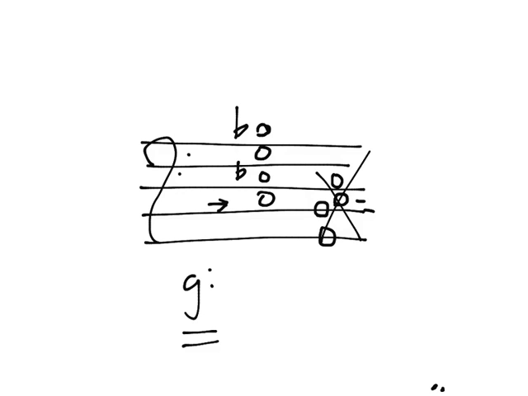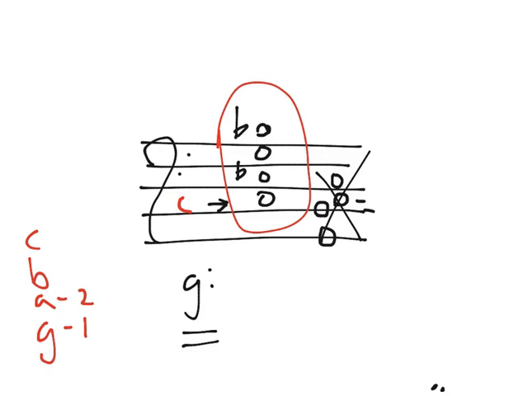In this case, we're looking at C. I don't even care about the accidentals, because this is diatonic, so we're using notes within the scale. In the key of G, I'm going to write G, A, B, C. I'm trying to get to C. So G is 1, A is 2, B is 3, C is 4.